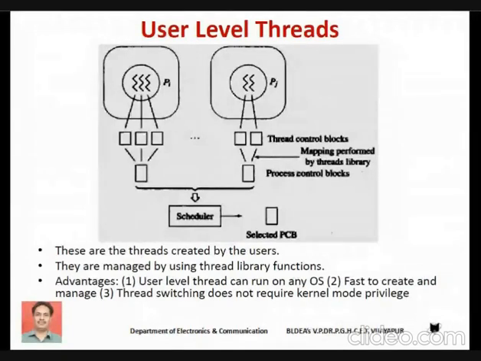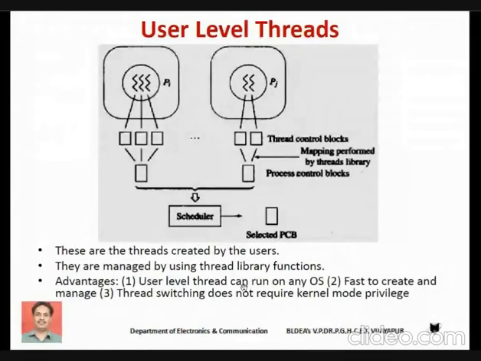User level threads have some advantages. They can run on any operating system. User level threads can be executed on any operating system, but the only thing is the programming language that you use must provide some functions. It is fast to create and manage.